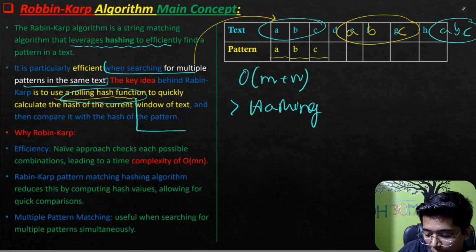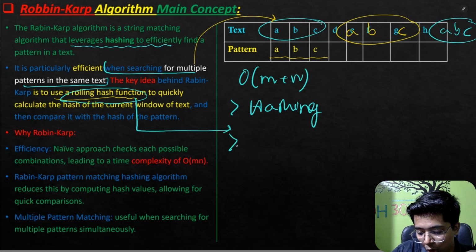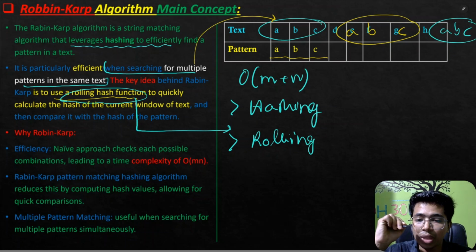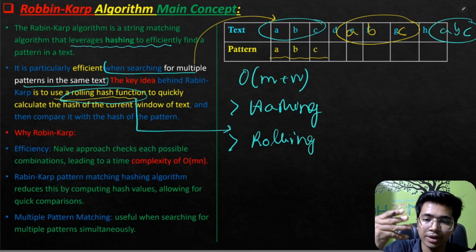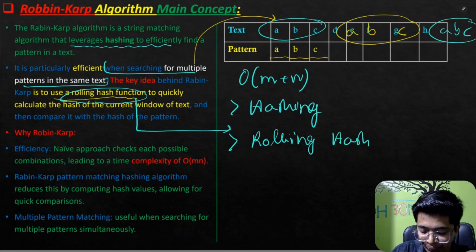So that is one more important thing we get: in the Rabin-Karp algorithm we use the rolling hash function. Now I am just introducing you to the terms. Later we will observe how these things play a role in constructing the Rabin-Karp algorithm. So the rolling hash technique is also utilized in the Rabin-Karp algorithm.